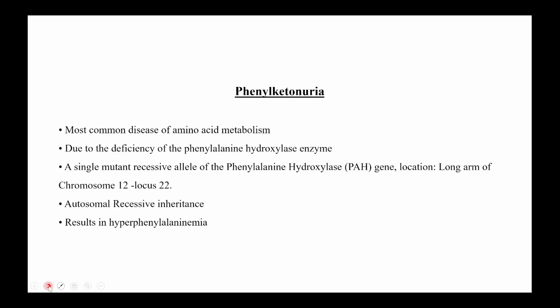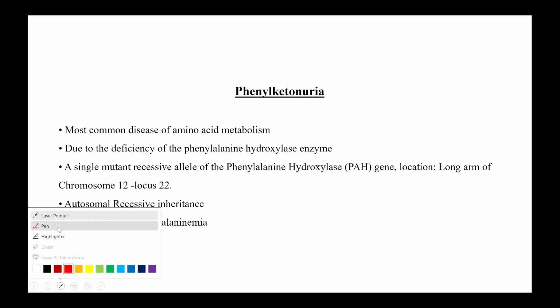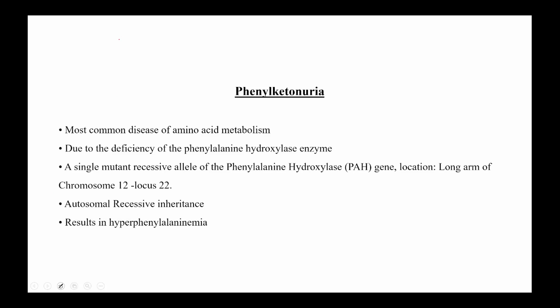So basically, phenylalanine is converted into tyrosine by this enzyme phenylalanine hydroxylase, right? If this is not there, phenylalanine will start accumulating.